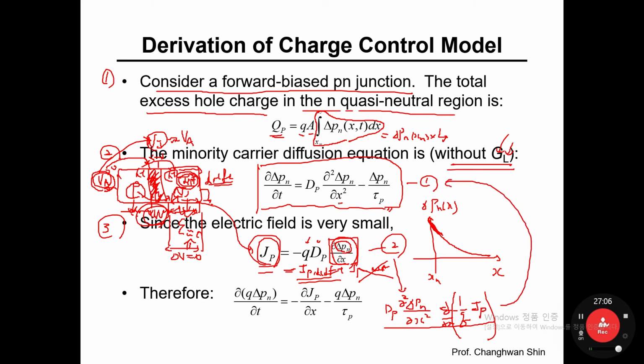Here you can see the second derivative of delta p sub n, so for this term you can plug in this value. Then you get the partial of delta p_n with respect to t is equal to minus 1 over q times the partial of J_p with respect to x.